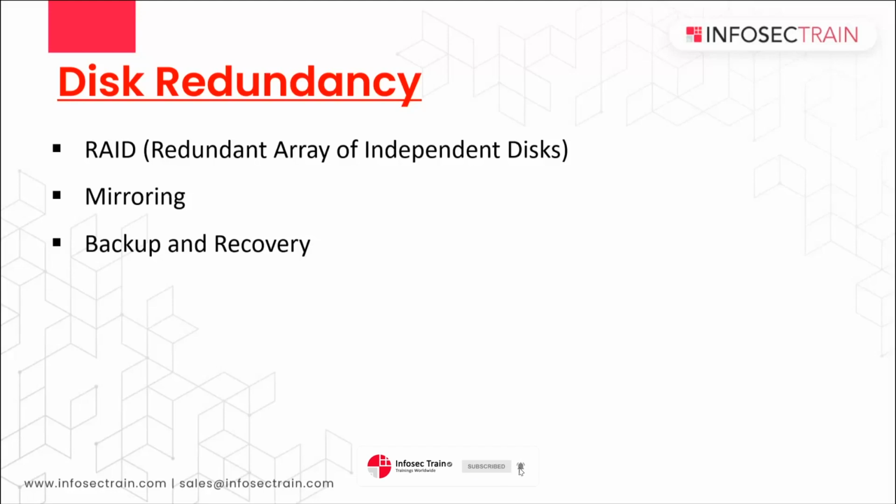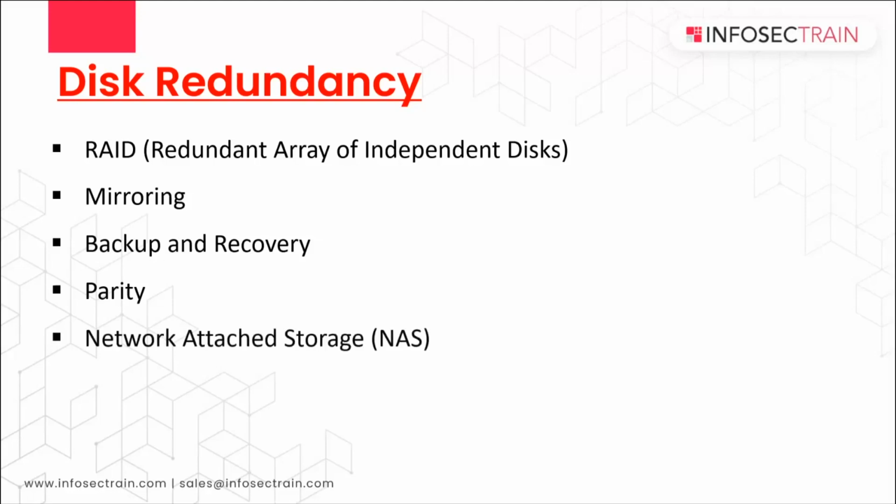Then what about next? Parity. This is a type of RAID that uses a dedicated disk to store parity information. This information can be used to reconstruct data in the event of a disk failure.